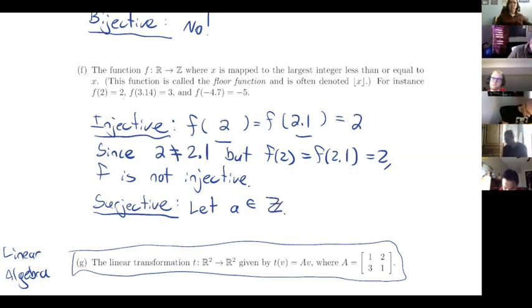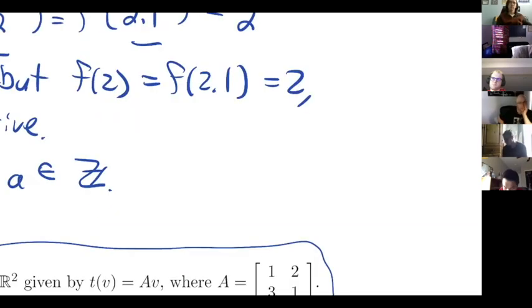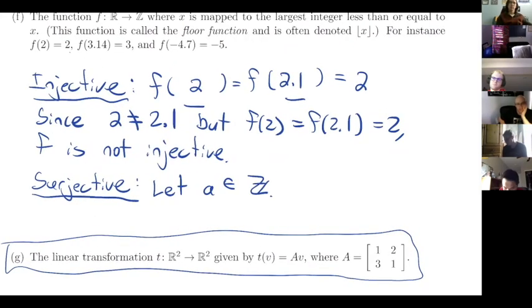And what I want to show is that there exists some input in R which gets mapped to this integer A. So what's something that would get mapped to A? A is an integer. A. Yeah, right. So an integer is the floor of itself.